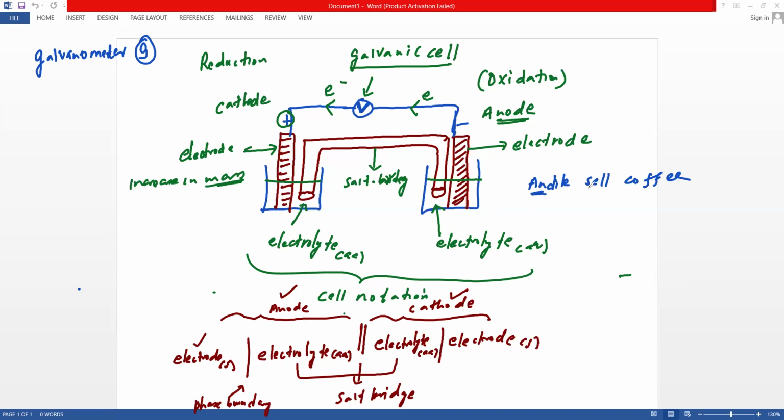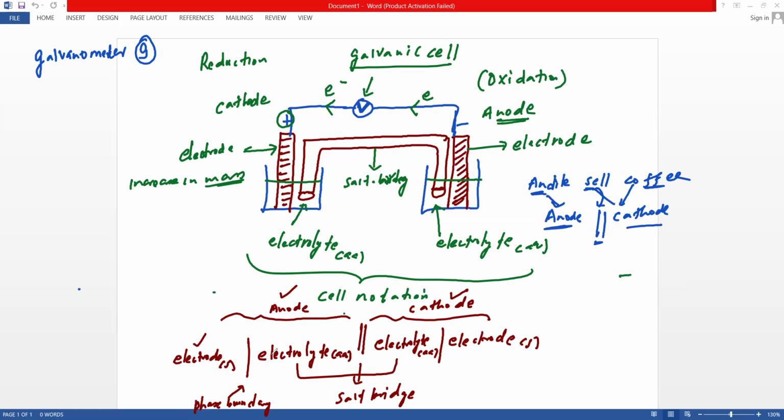Andile is the anode, cell is the salt bridge, coffee is the cathode. So if you want to recall how to draw the cell notation, always Andile, cell, coffee. The A for the anode, S for salt bridge, and C for coffee. So you start with the anode, salt bridge, cathode.